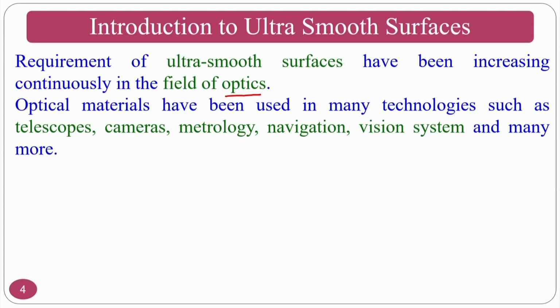Optical materials are used in technologies such as telescopes, cameras, metrology equipment, navigation, vision systems and many more. That means you are going to see these lenses in a huge range of applications and you do not want any scratch mark on them.